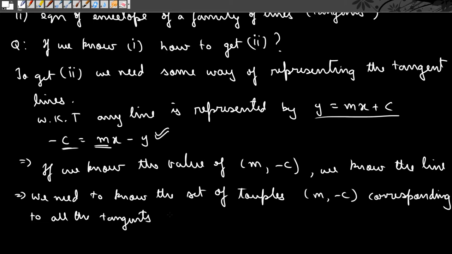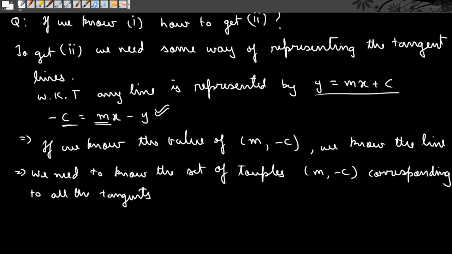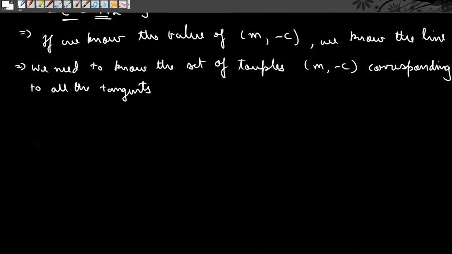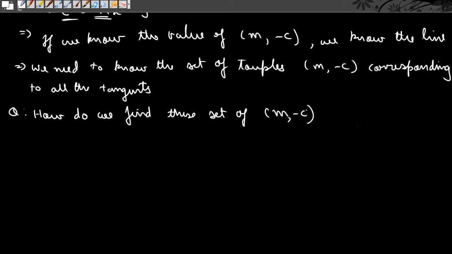This is what we need. Okay, so how do we find this? How do we find this set of m and minus c? So to do this, let us observe the following.